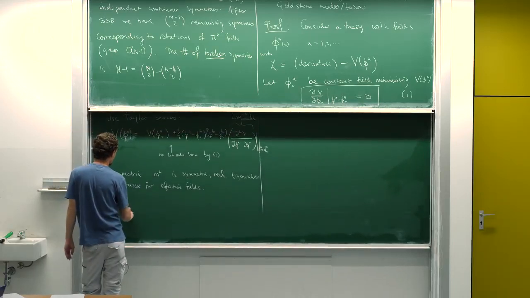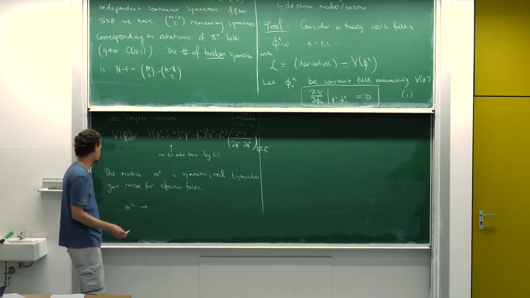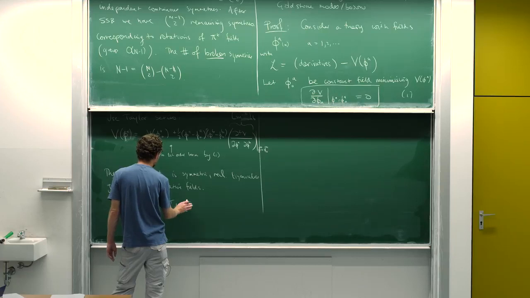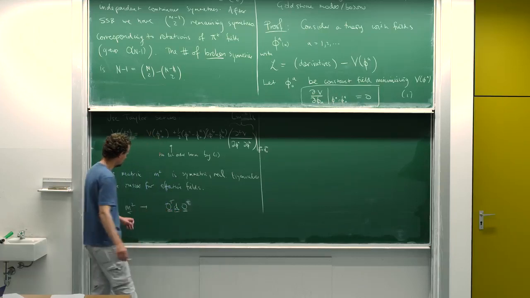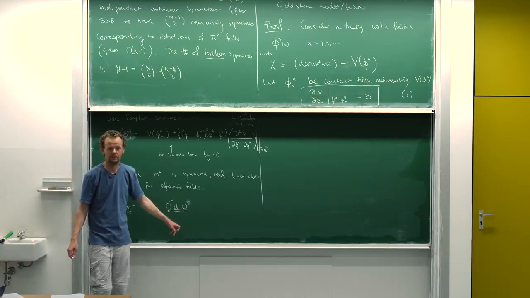So what you do is you take the M squared matrix. Because it's a symmetric real matrix, you can always diagonalize it with an orthogonal rotation, O transpose M squared O. So a symmetric real matrix can be diagonalized by orthogonal rotation.